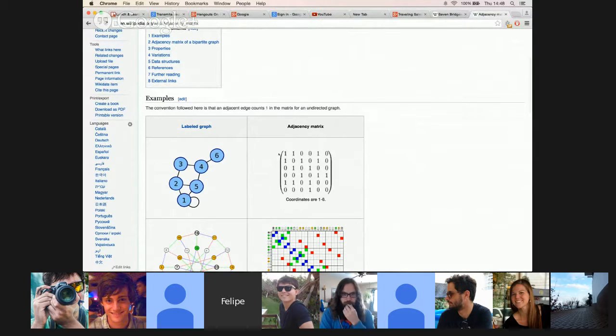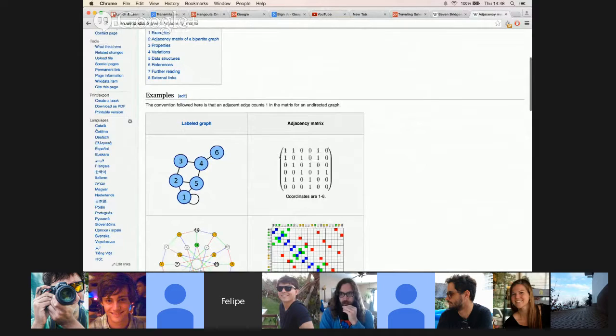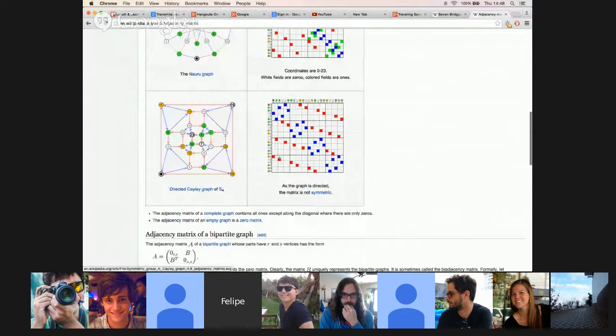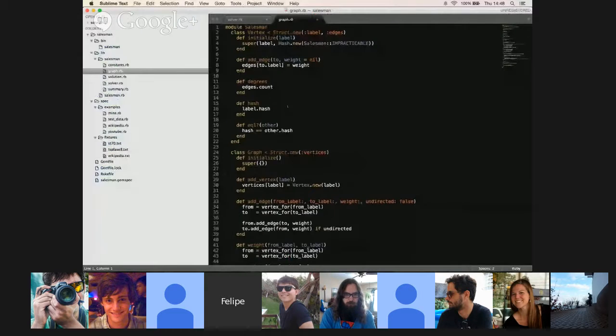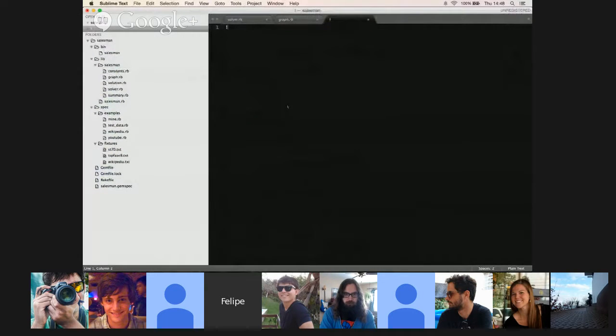So let's see if we have a concrete example here. Let me write one. If we have 3 cities, I suppose, there is no path from 1 to 1, that's obvious. From city 1 to city 2, we have a distance of 3, for example, same here.